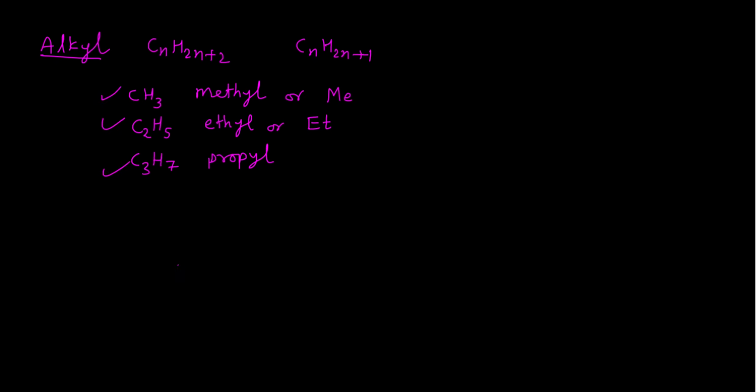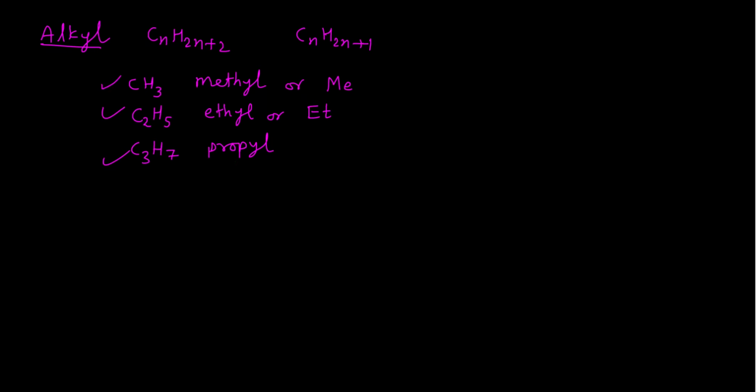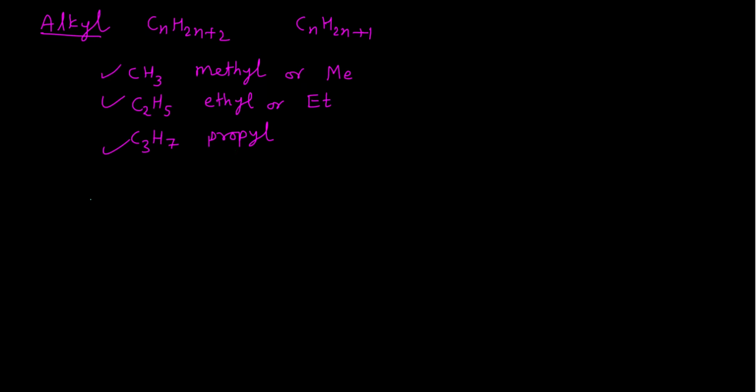Similarly, if you remove one hydrogen from an alkene, then you get the corresponding alkenyl groups. Like the first member, you had C2H4. This was ethene, but if you remove one hydrogen from here, you will get C2H3.